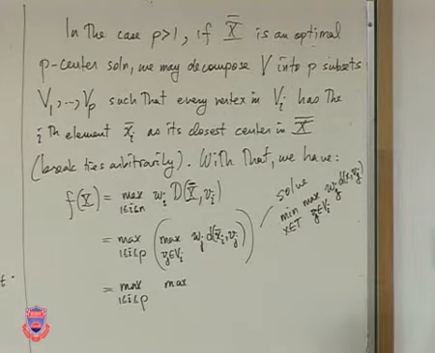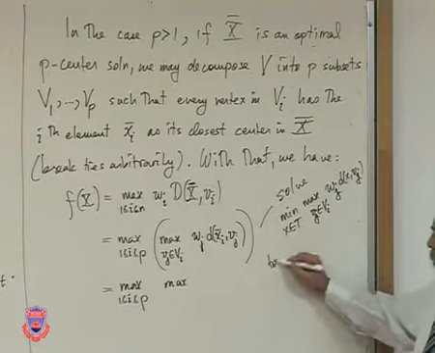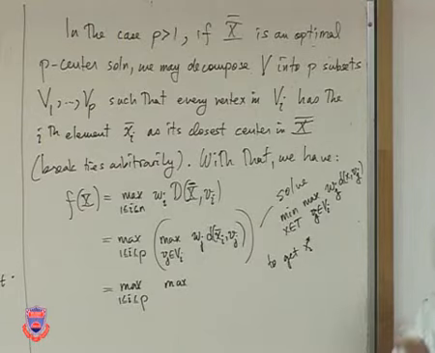Okay? So when you solve this, you get some solution, say xi star, or you get an x star and you name it as xi star.